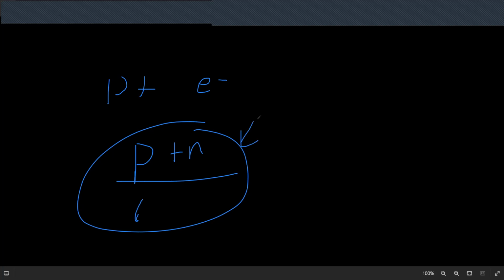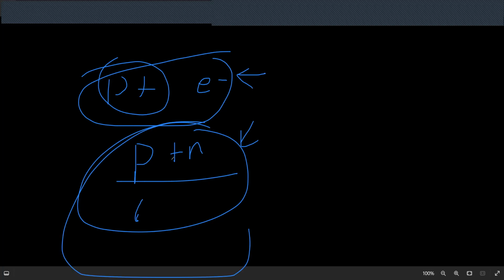But atomic weight is the sum of protons and neutrons, the average sum. So this is not as fundamental as this, where it only takes one value, here it takes more values. So atomic number is a more fundamental property of an element, so it is much better.